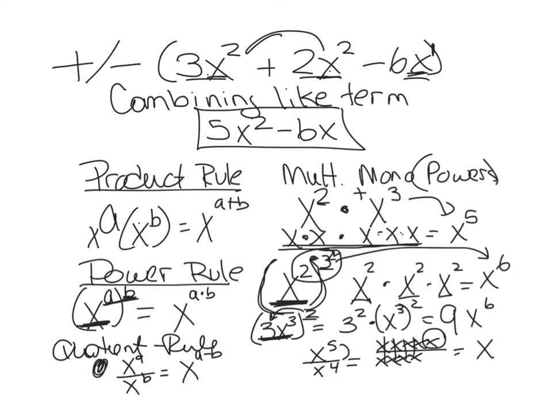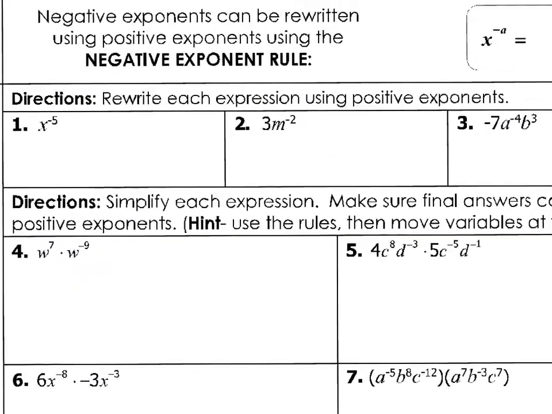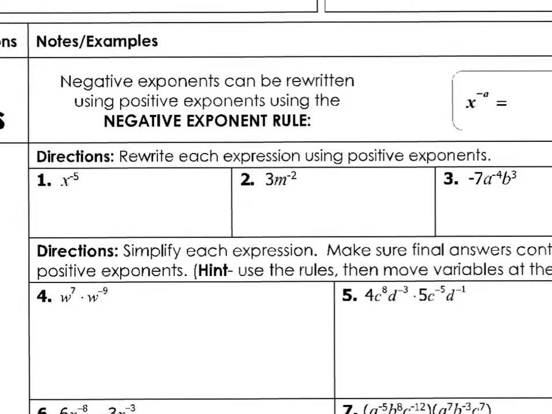Okay? All right. Now, when we were doing this quotient rule Monday, we always came up with a positive when we subtracted the bottom from the top. But that's not always the case. Sometimes you're going to get a negative.